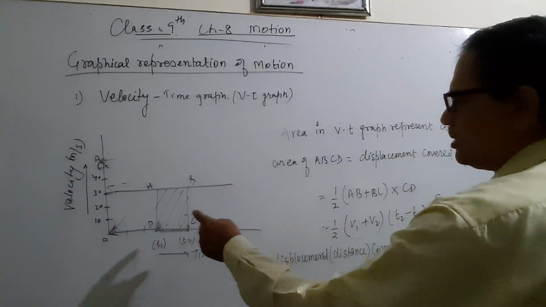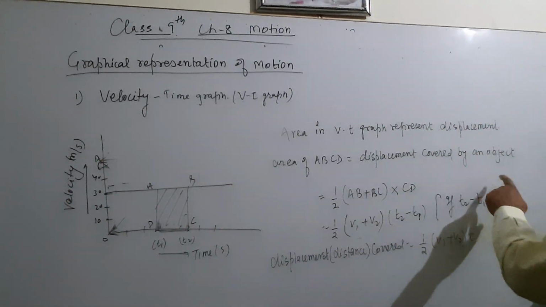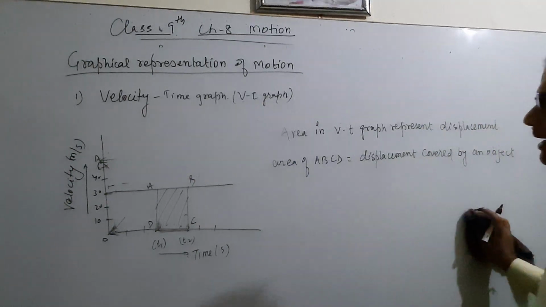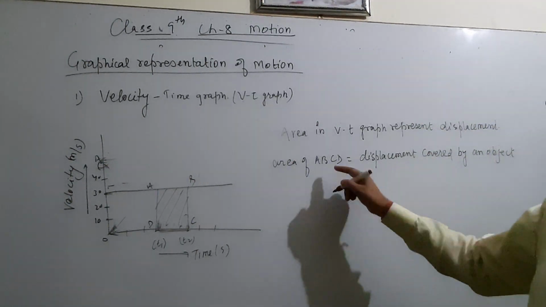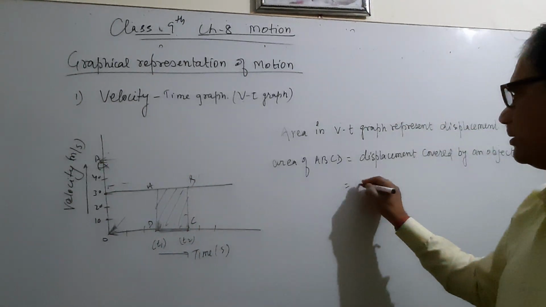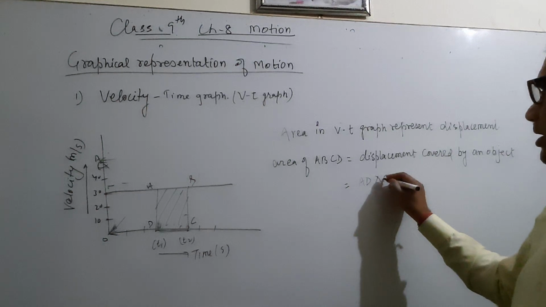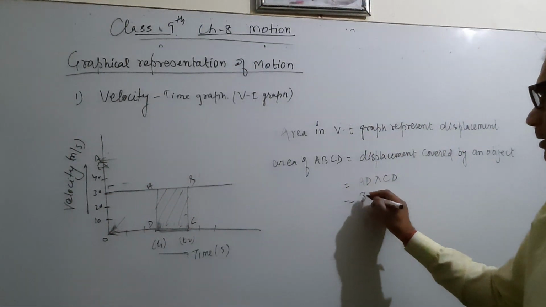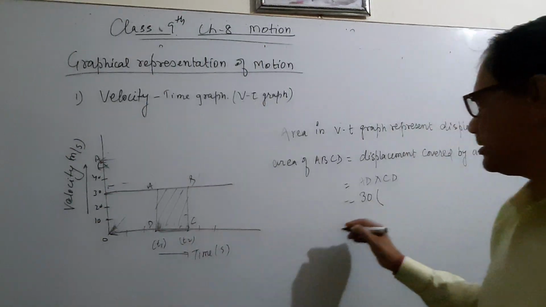ABCD is in the shape of a rectangle, so the displacement covered by an object is the area of the rectangle, length into breadth. This means AD into CD. AD is the velocity and CD is T2 minus T1.